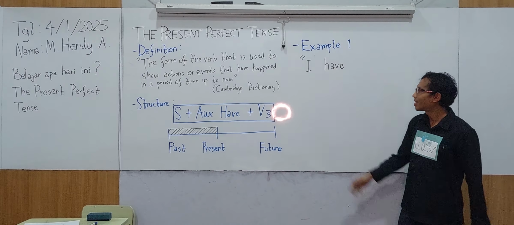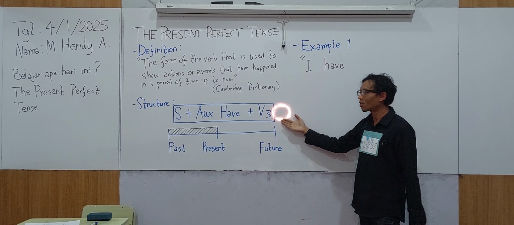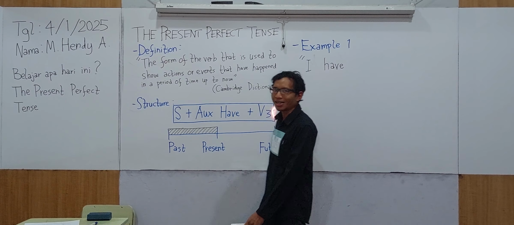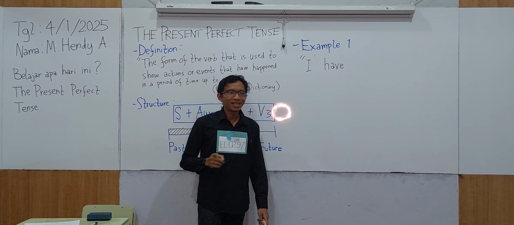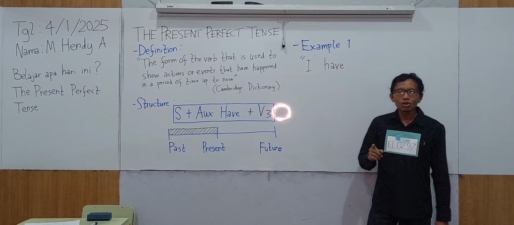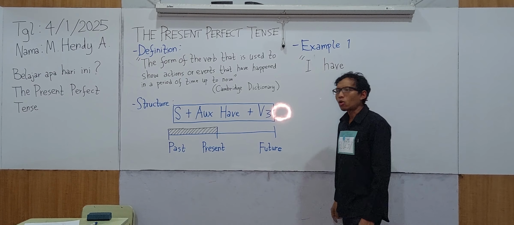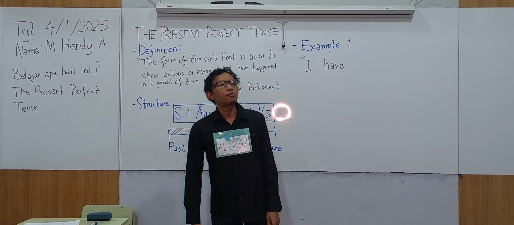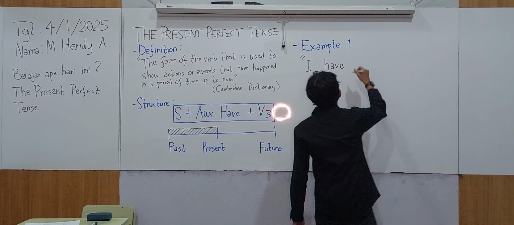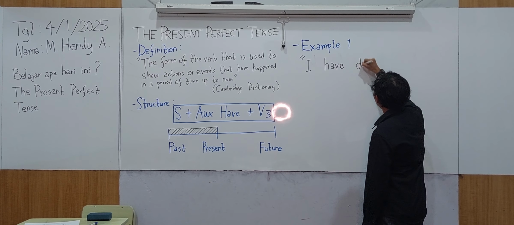And then, the verb 3, the past participle. Alright, what's the English for mengerjakan? Do. Correct. But do belongs to verb 1. So, in English, what's the verb 3 of do? Done. That's it. I have done.